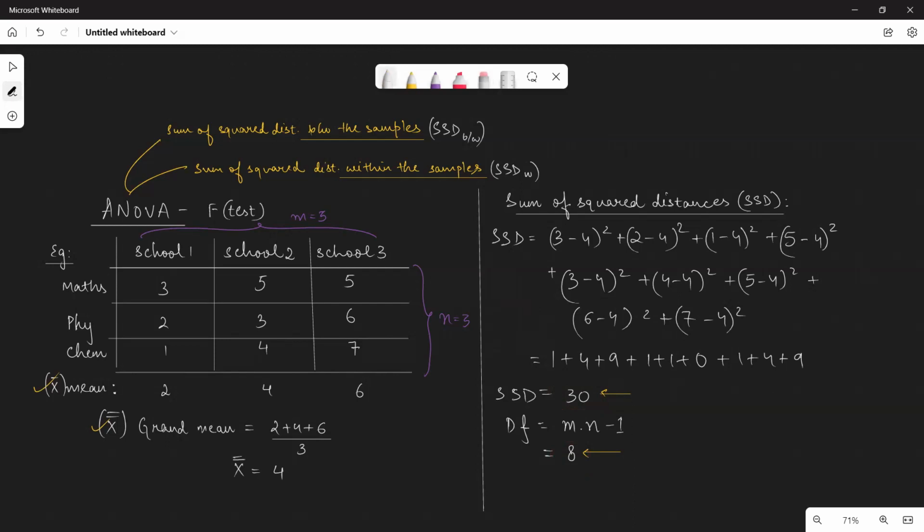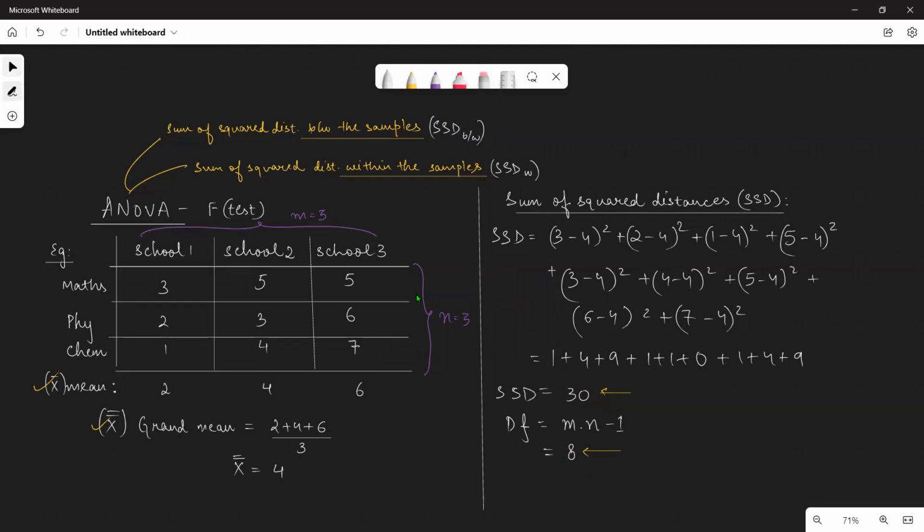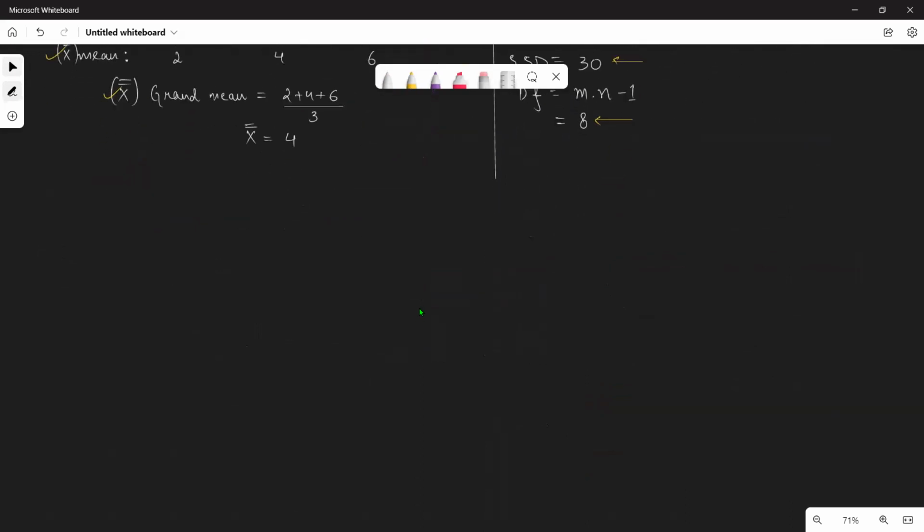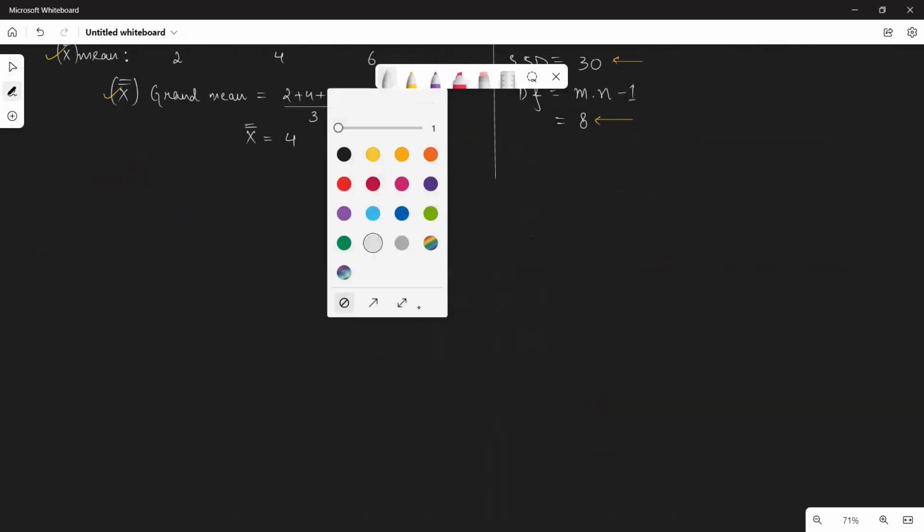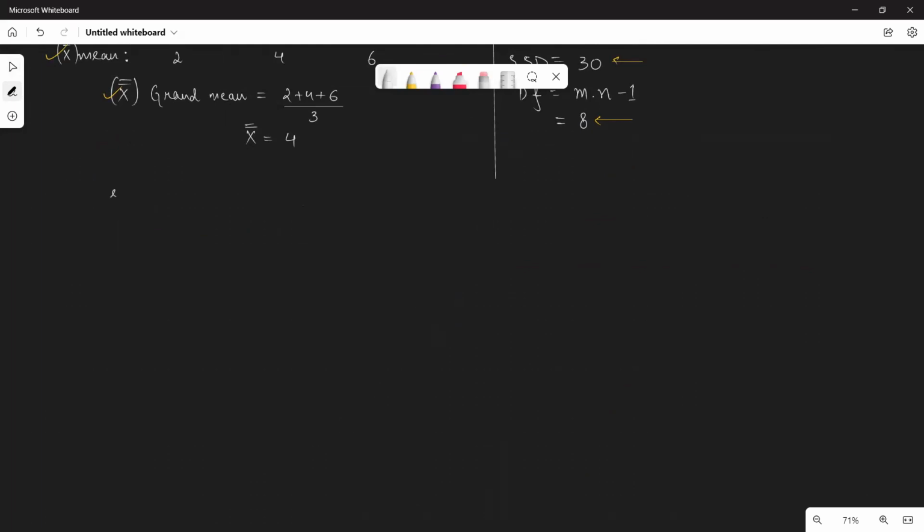So for the total data that we have, we have calculated SSD and we have calculated the degrees of freedom. Now we shall be calculating something called SSD within. Let's calculate SSD within, then we'll get into SSD between.